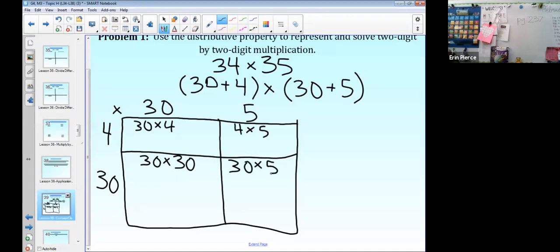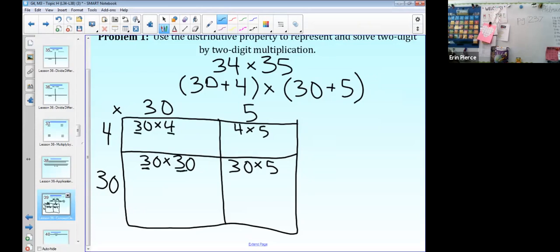Okay, do we have all of those written? Yeah. All right, let's solve them together. So we need to be seated up. Ready to go. 30 times 4. What do we get when we do 30 times 4? I want you to look at all of these numbers.